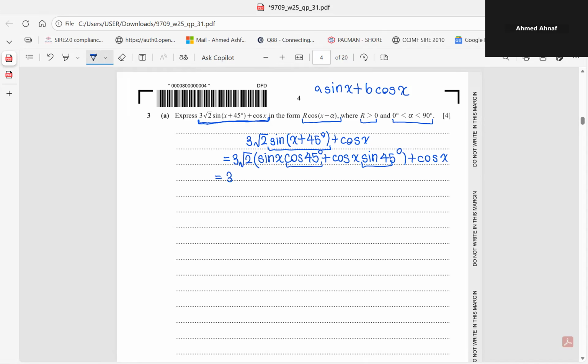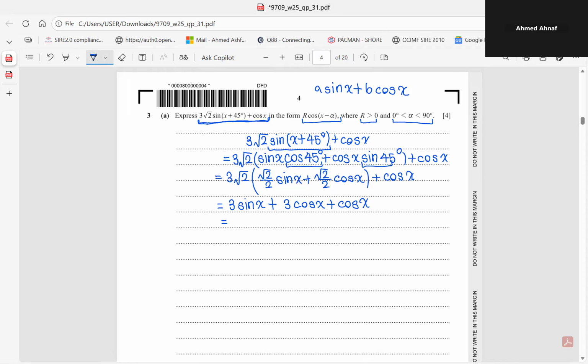So 3 square root 2 times square root 2 over 2 sine X, plus sine 45, I believe it should be the same value, square root 2 over 2 as well, cos X, plus cos X. So expanding everything, you would get 3 sine x plus 3 cos x plus cos x.